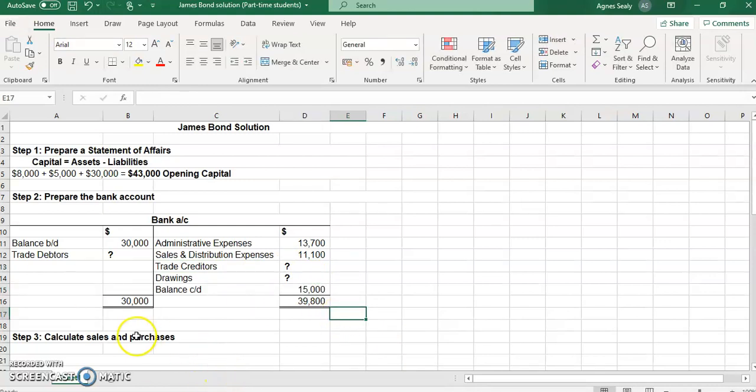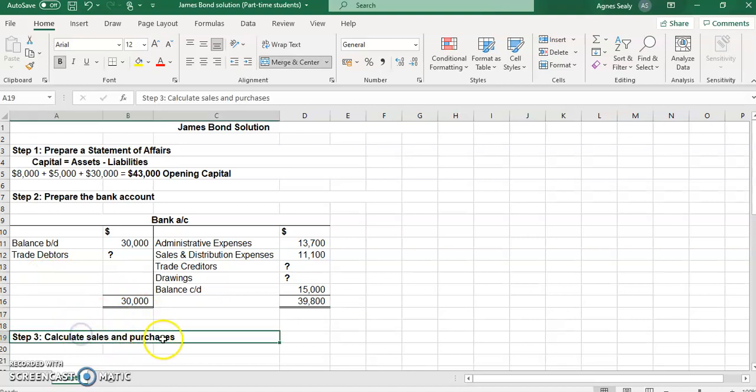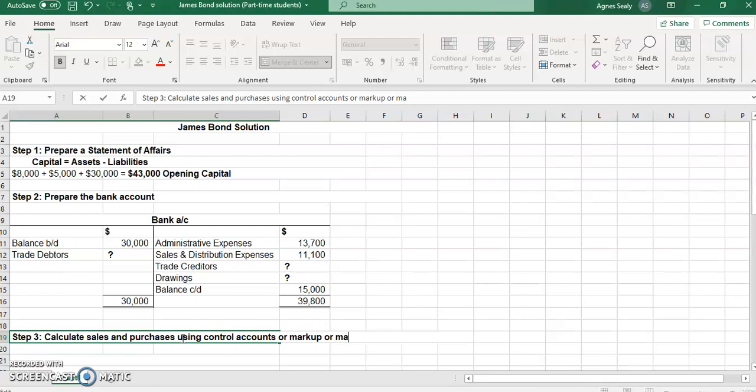So what we're going to do is move on to our step 3, where we're going to calculate our sales and purchases. And this step is usually done by using the control accounts or by using the markup or margin if given.